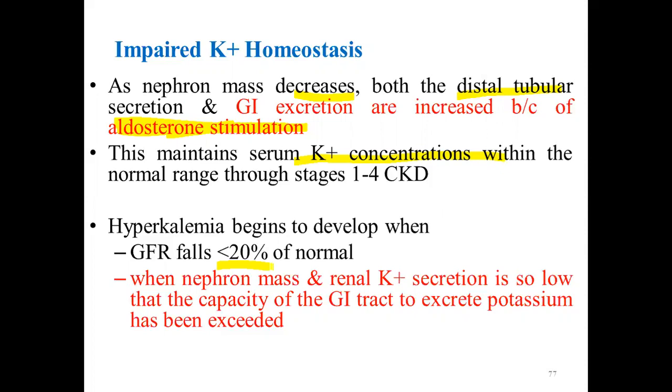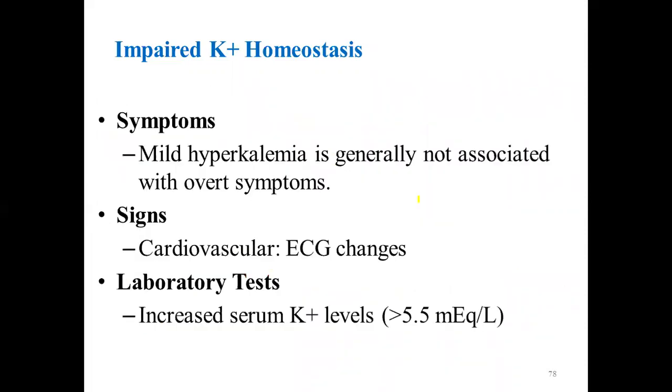When nephron mass and renal potassium secretion are so low, the capacity of the GI tract to excrete potassium is exceeded, and the serum potassium level will be very high. So the risk of hyperkalemia in stage 1 to 4 CKD patients is minimal, but for end stage, it is very high.